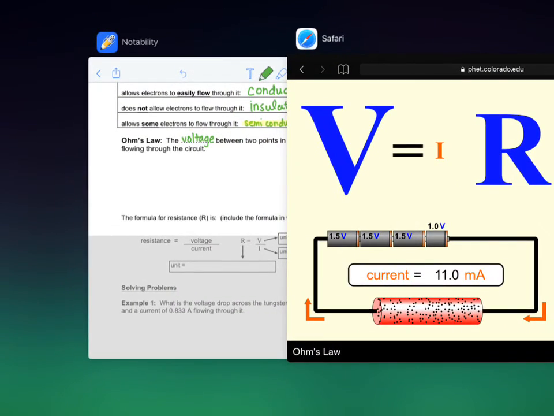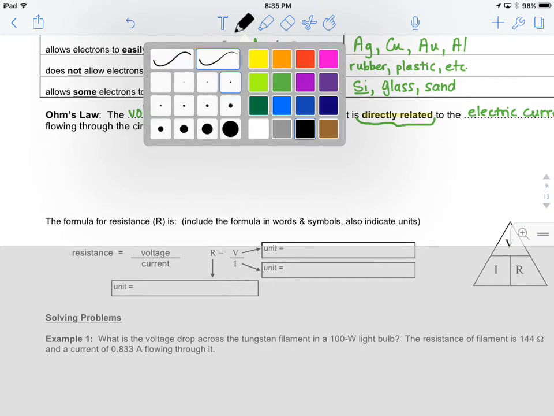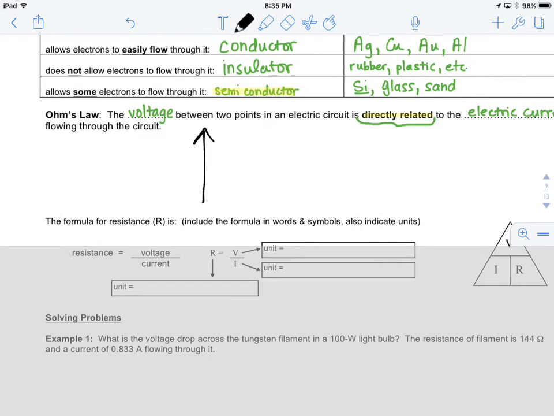Back to our lesson, we've got basically this thing right here. The voltage between 2 points is directly related to the current, which means that if we have something like this, and I've got voltage up here, and I've got current down here, and I change one with respect to the other, I get a straight line.